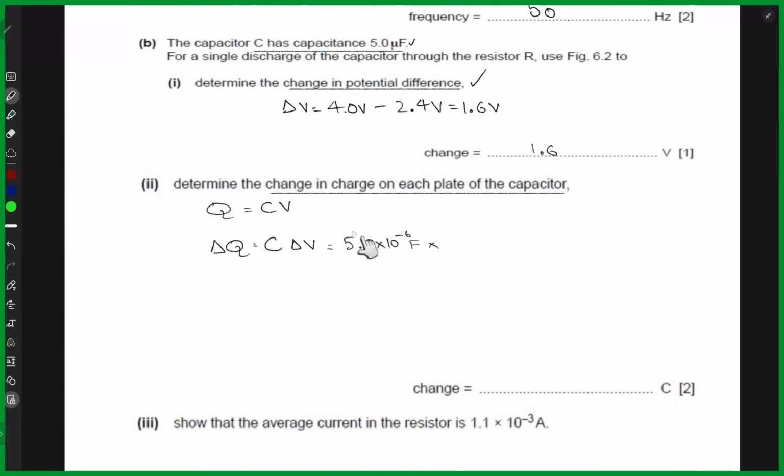And the change in potential is, as we saw, 1.6 volts. So this would give me the change in charge as 8.0 into 10 raised to power minus 6 coulombs, right? Was that clear?